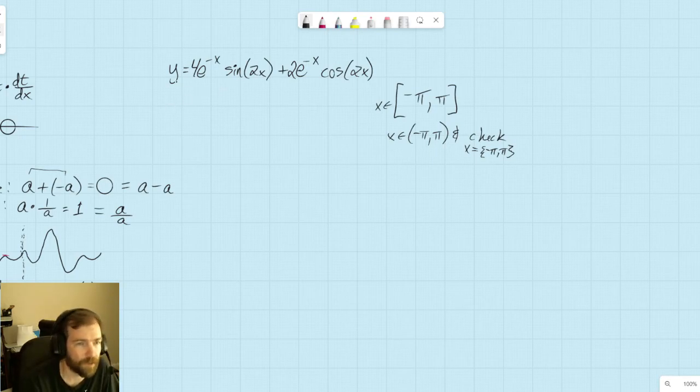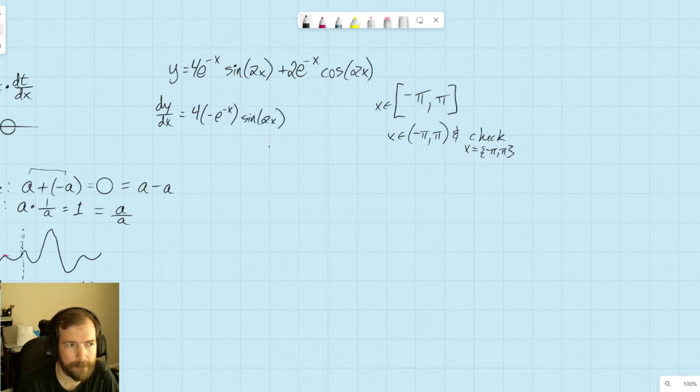But for this, you'd want to say, okay, dy/dx is going to be equal to, and then here we have to do the whole product rule. This is going to take a minute. So here we get 4 times negative e to the negative x times the sine of 2x, and then plus 4 e to the negative x cosine of 2x times 2.